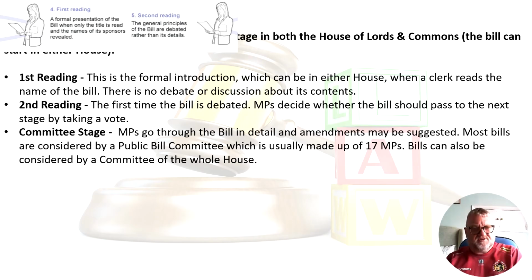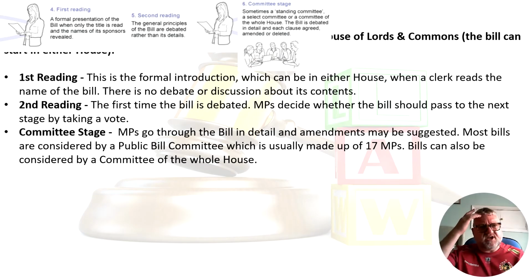We then move on to the committee stage, and that's where they start to get into the nitty-gritty. A committee of MPs go through the bill in detail, adding amendments that may have been suggested. Most bills are considered by what's called the Public Bill Committee, usually made up of 17 MPs, and bills can also be considered by a committee of the whole House, but that's very rare indeed.